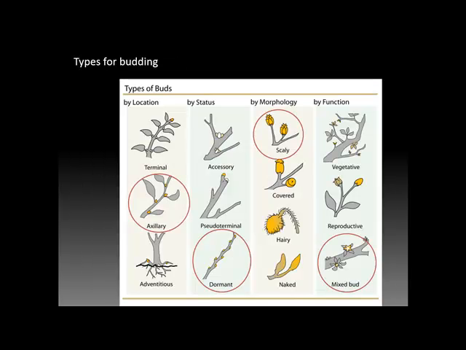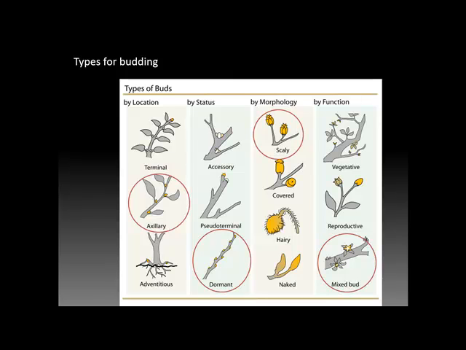What types of buds? Well, here's a chart that shows different buds, and I circled in red the types of buds that are used for grafting operations. It's usually the axillary buds, the ones growing along the stem, in the axils, and they're usually used while they're dormant.